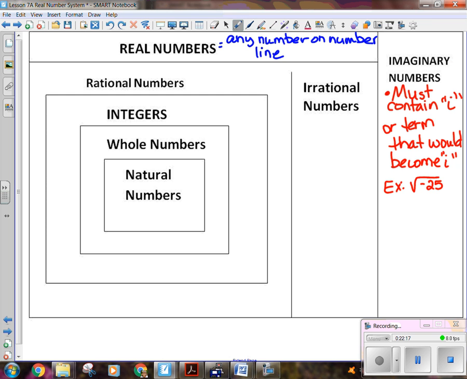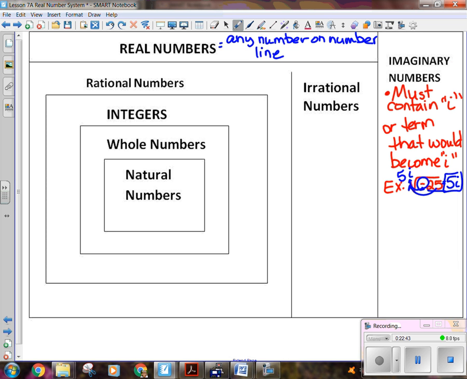Well, we just talked about this in the first part of this lesson. 25 is a perfect square. That part can come out as a 5. Now we know that the negative could be considered as negative 1 times 25, and that part can come out as an i. So basically, that would result in 5i. So if it's an expression that would result in an i, then it has to be considered an imaginary number.